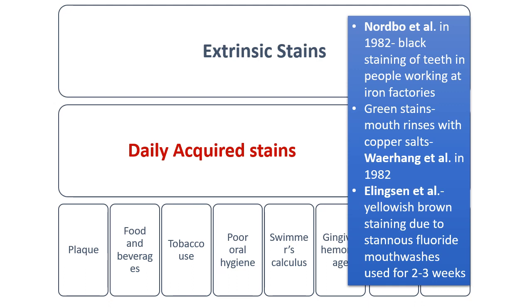Studies have been reported where people working in iron factories have a tendency for black stains. Then green stains are commonly seen because of mouth rinses which used to contain copper salt. Yellowish brown staining is commonly seen in cases where stannous fluoride mouthwashes have been used.